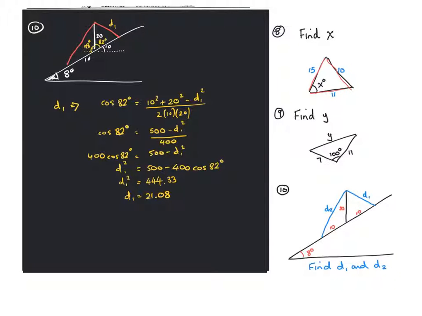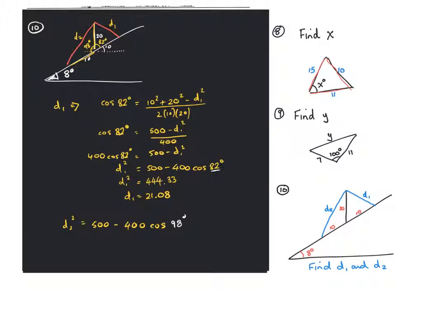Now I think the only difference between D1 and D2 is that the angle is different, because the 10 and the 20 are the same. So therefore D2 squared should equal 500 minus 400, and then the angle will change to 98 instead of 82.